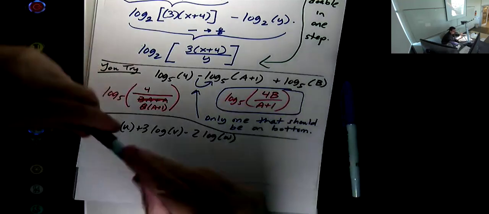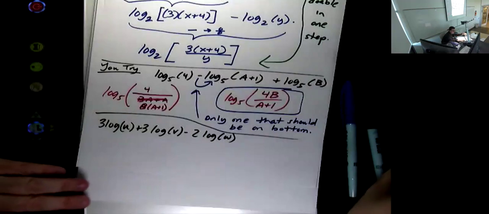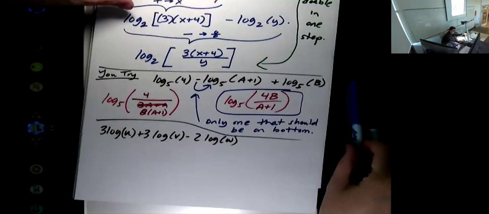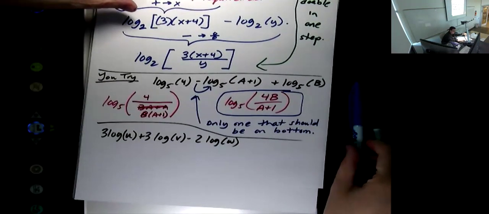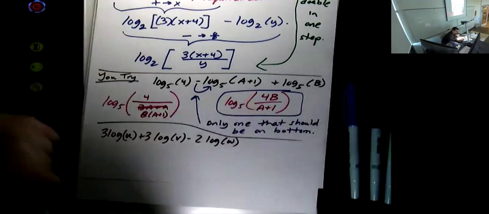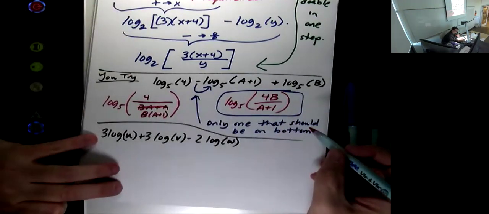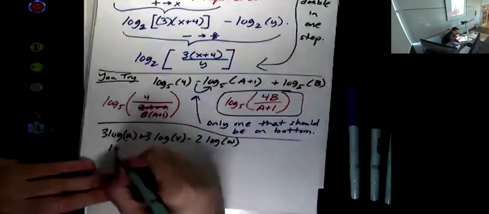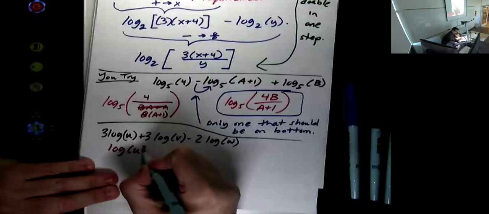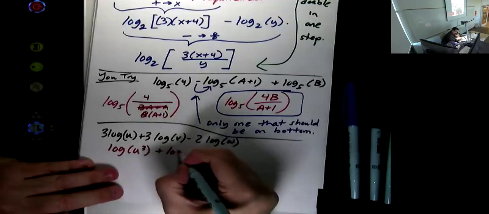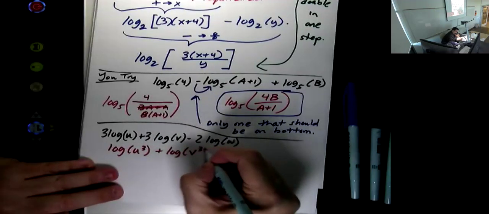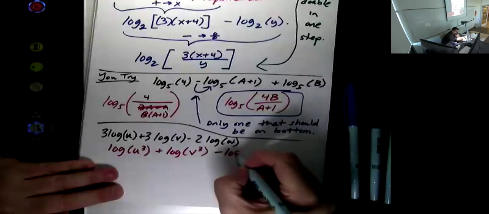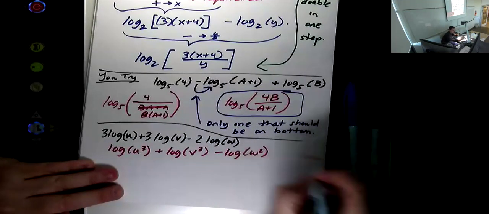Now, we cannot start doing the addition and subtraction yet because we have things multiplied together. Remember, multipliers turn into exponents. So this becomes log of u cubed plus log of b cubed minus log of w squared.